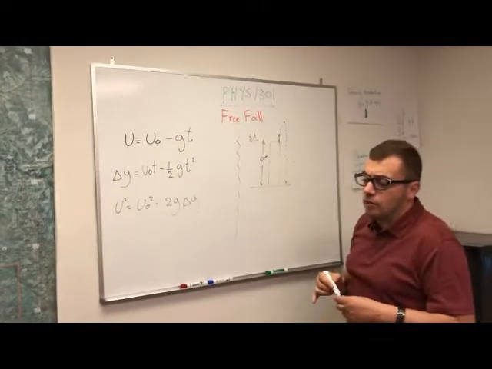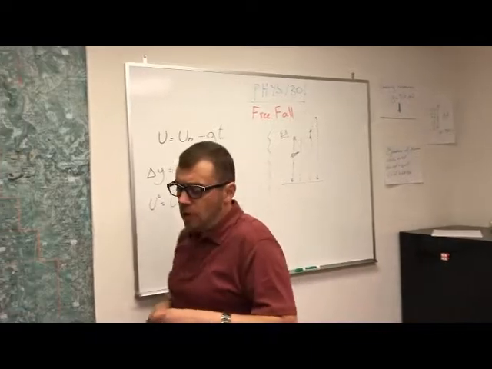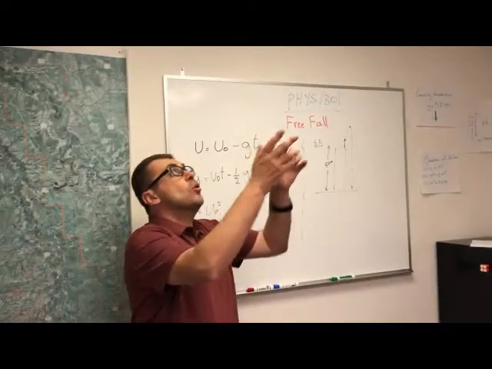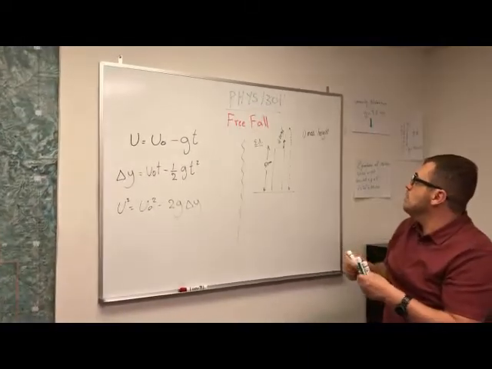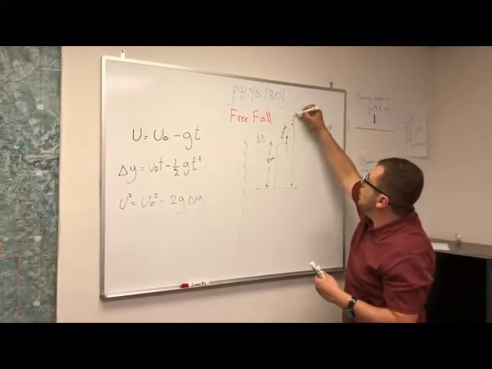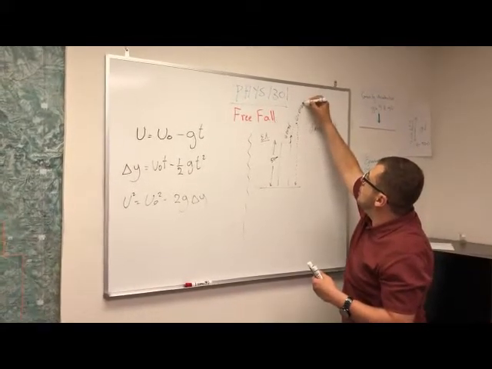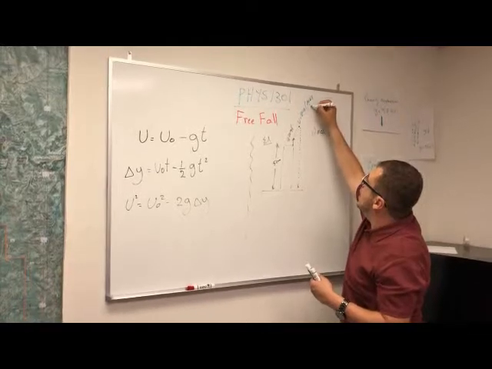Keep in mind that free fall is not necessarily the object falling down, it could also be flying up. So at the maximum height, v equals 0, and remember this is the max height.